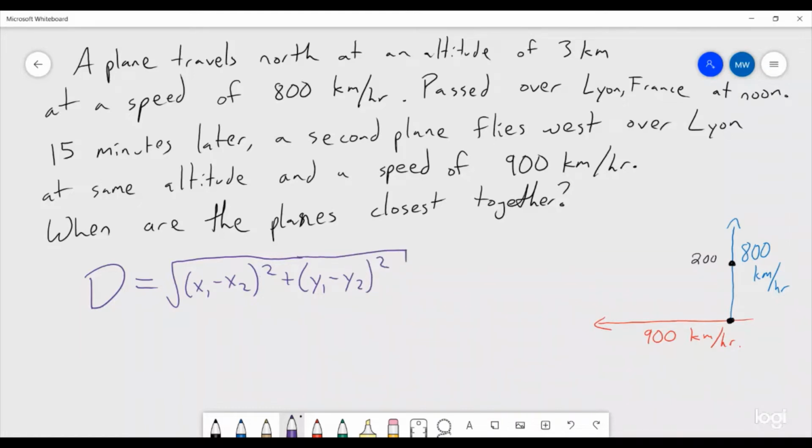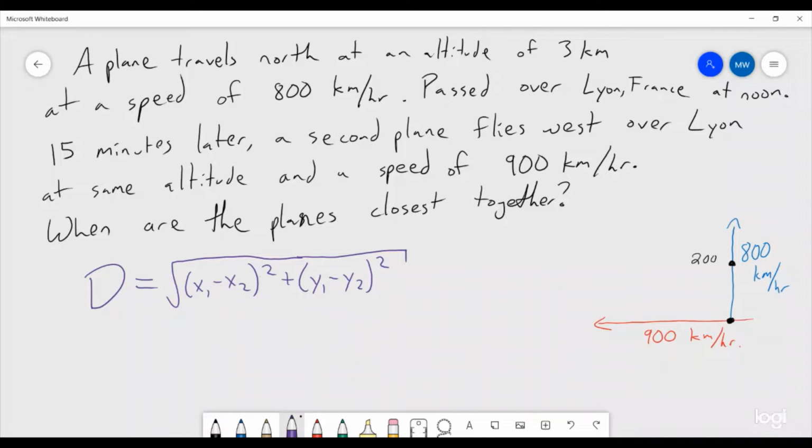That's going to be our distance function. So now we just need to find equations for both of them in terms of certain times. So we probably want to have the time measured in time after noon. So that means that we want to know what all the positions are in terms of minutes after exactly noon.